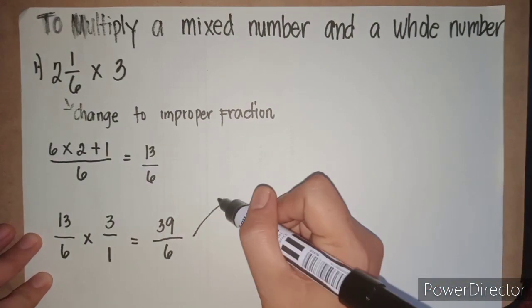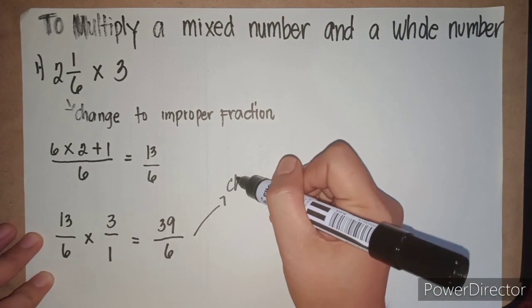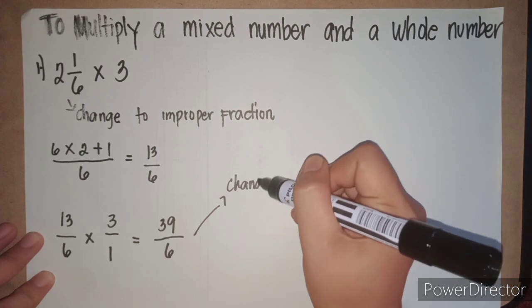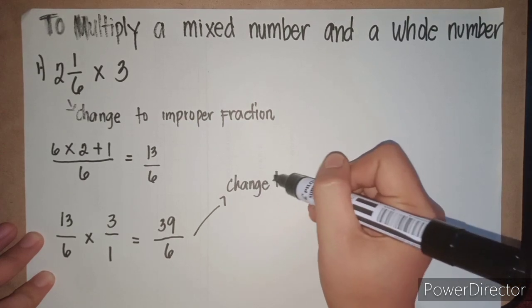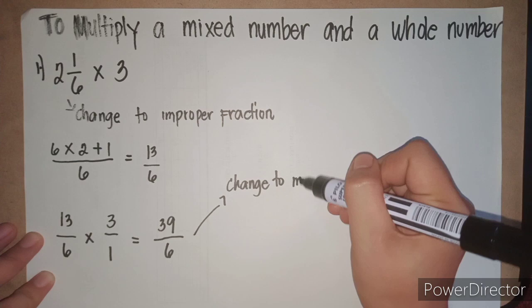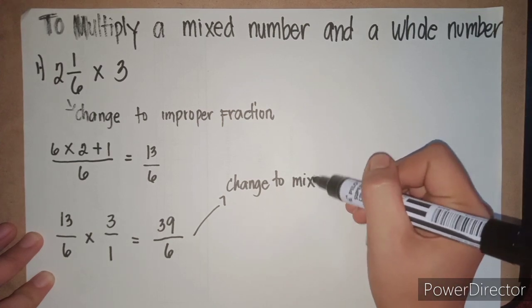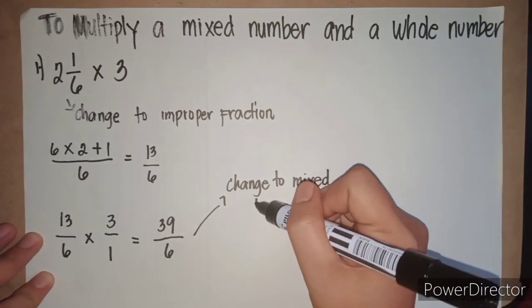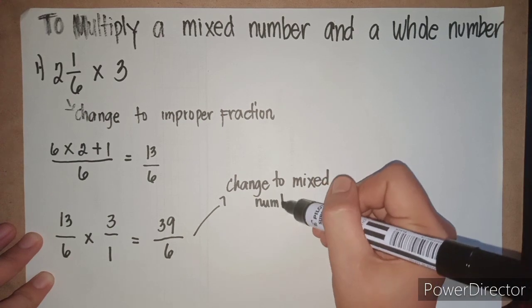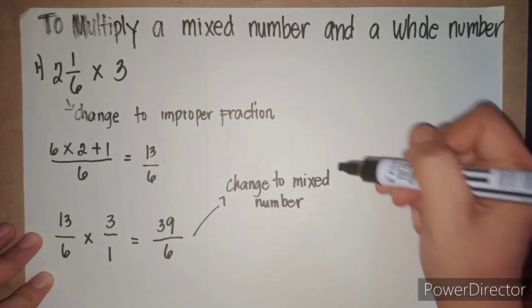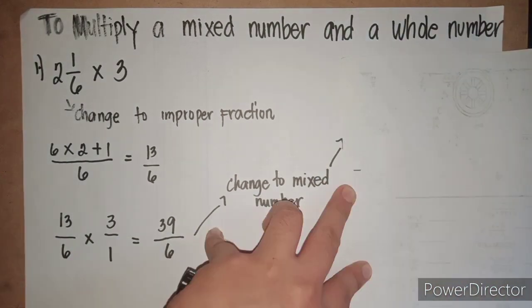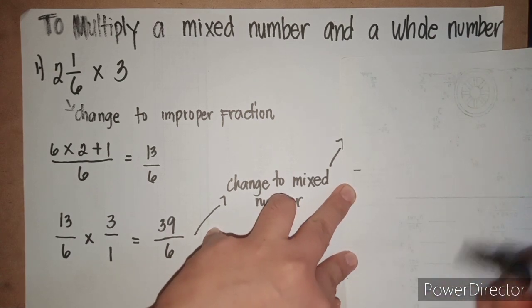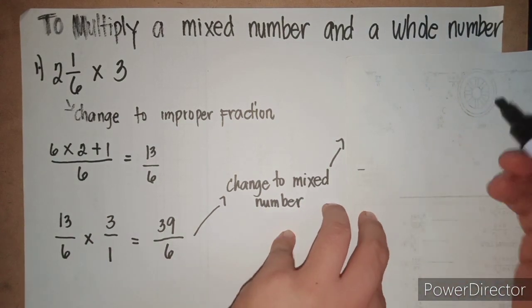So we're going to change that improper fraction to a mixed number. We're going to simplify. Okay, so to simplify, we have to divide 39 by 6.